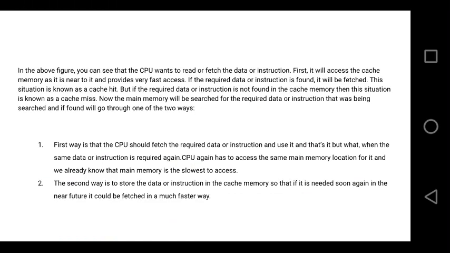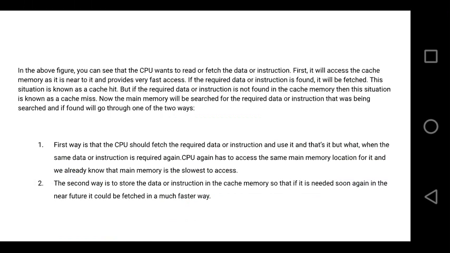Next, see in the previous figure, we can see that the CPU wants to read or fetch the data or instruction. First, it will access the cache memory. Why? Because it is near to it and provides very fast access.